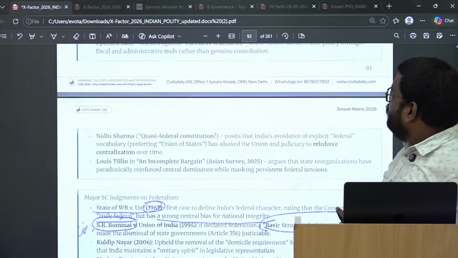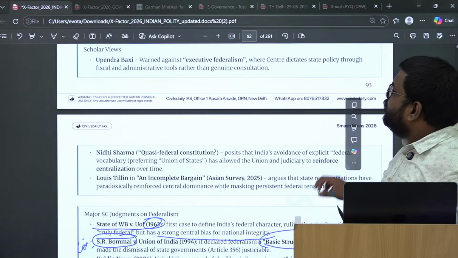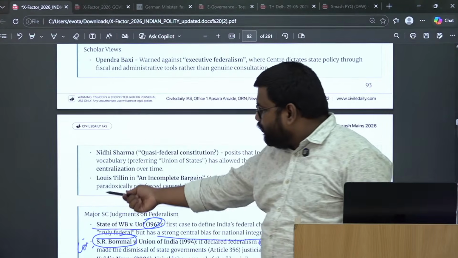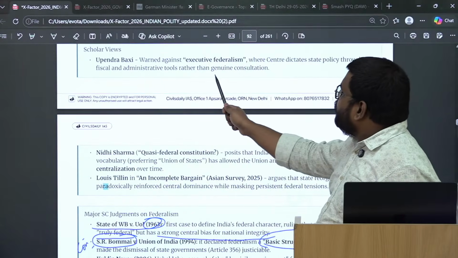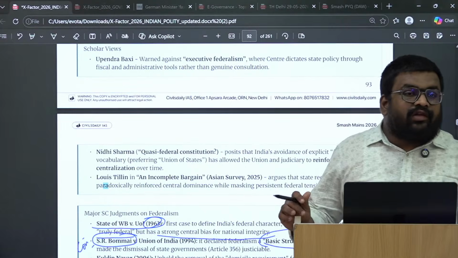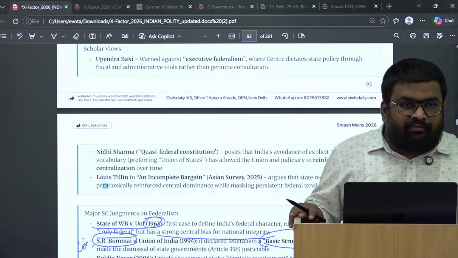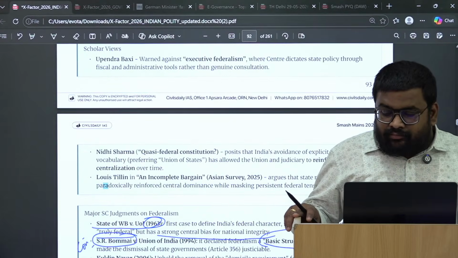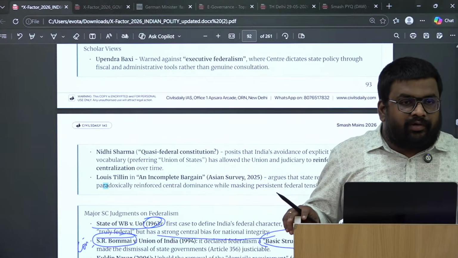So यहाँ इसी को आप रिफ्रेश कर सकते हो. If you have used any of these two in issues, उपेंद्र बख्शी, you can use that genuine consultation is ensured through bodies like the Inter-State Council. बॉक्स करके लिखो उपेंद्र बख्शी. ठीक है, सो यू हैव स्कॉलर ऑल्सो इन योर वे फॉरवर्ड.